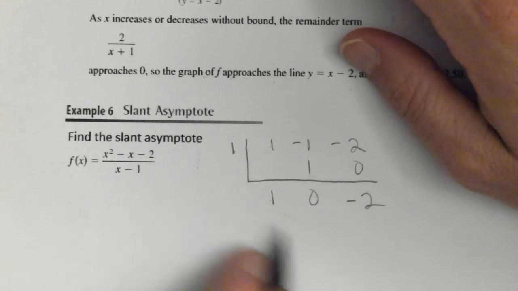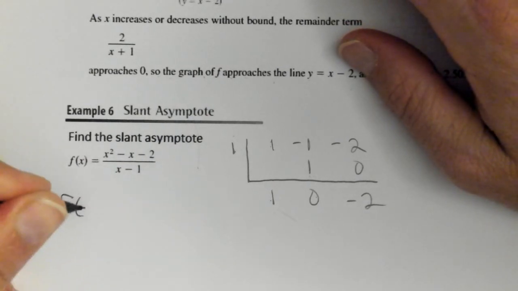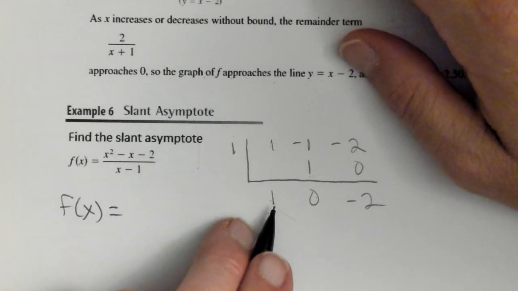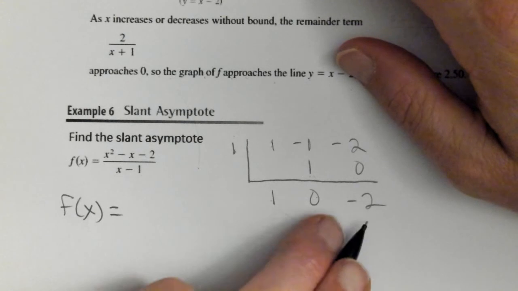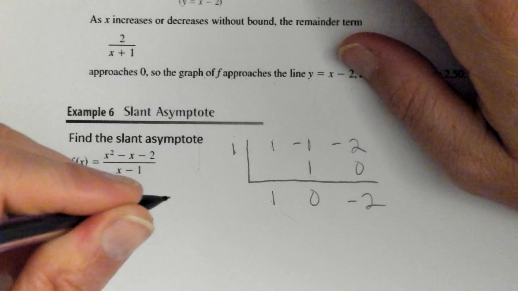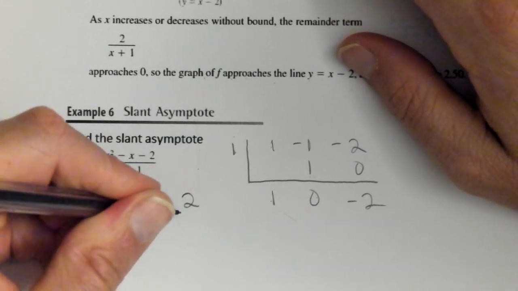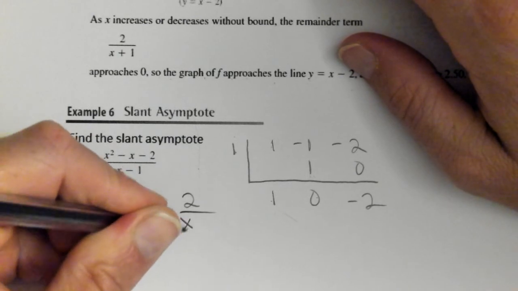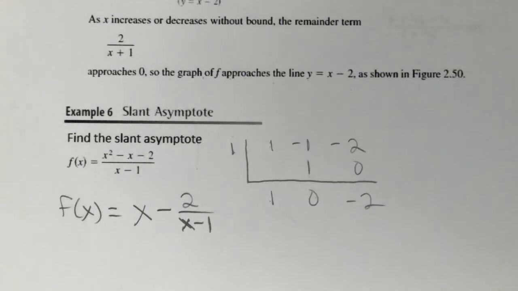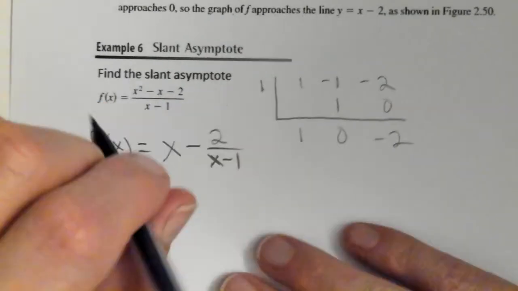So when I'm looking at the quotient part, f of x equals x plus no constant, and then there's your remainder, so that would be x minus 2 over x minus 1. So there's our remainder, and when I divide it out, that's what this function is going to be.